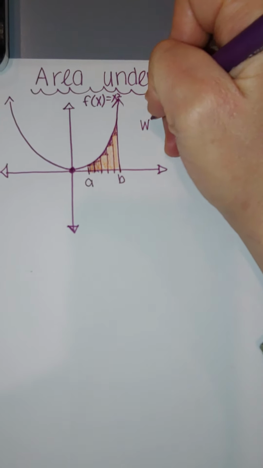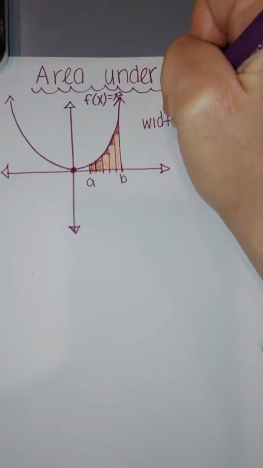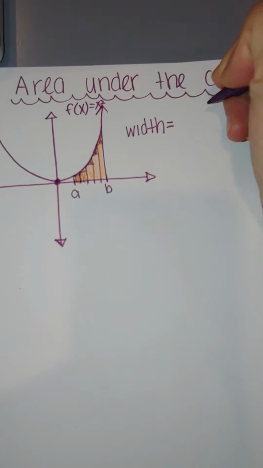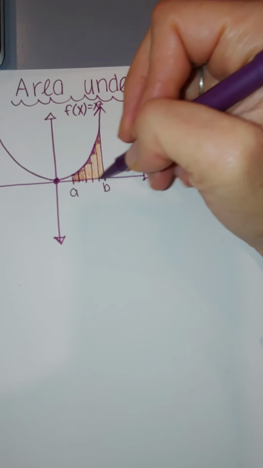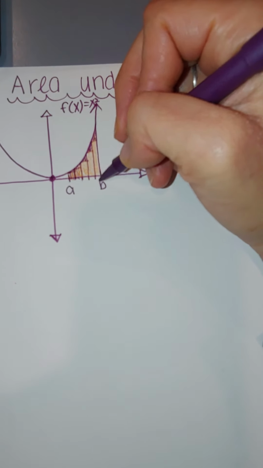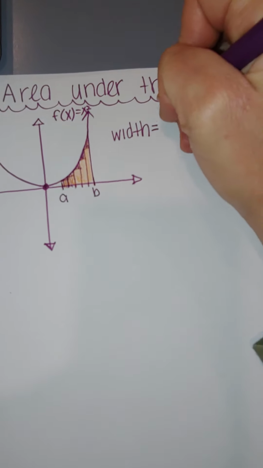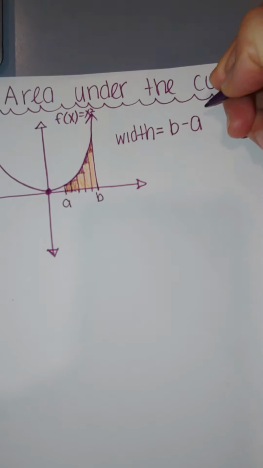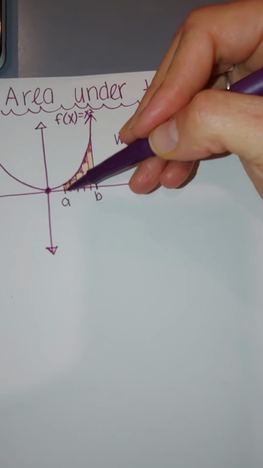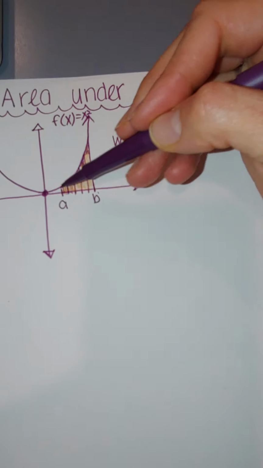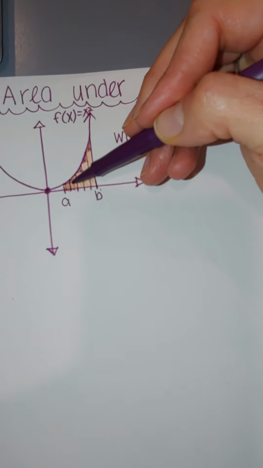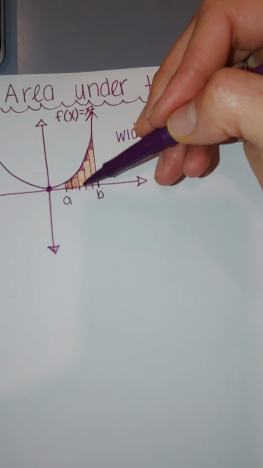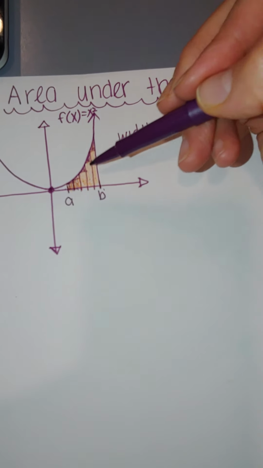So let's first talk about the width of the rectangle. The width of the rectangle is found by finding out the space between here. So if I did b minus a, that tells me how much space there is from here to here. Now, if I want to know the width of each one of the rectangles, I'd have to divide by the number of rectangles.